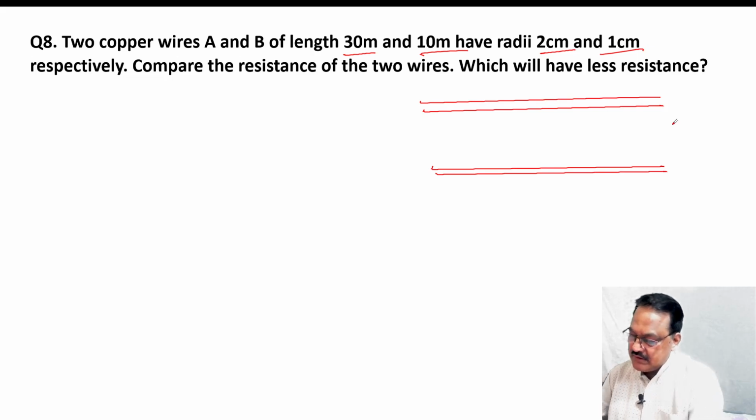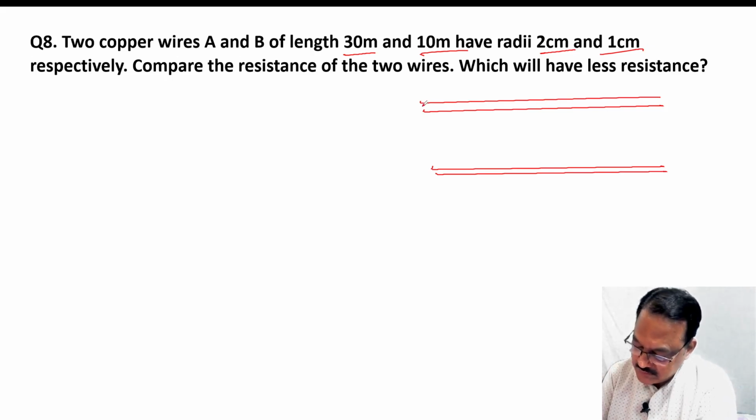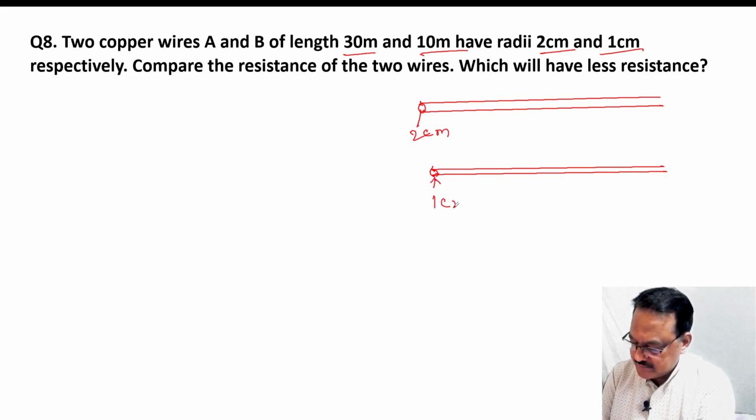Okay, let us suppose these are the two wires having different radii. Let us suppose its radius is 2 centimeter, and here its radius is 1 centimeter.